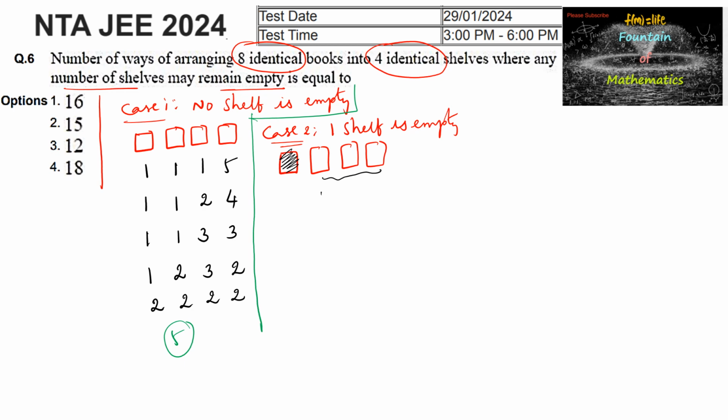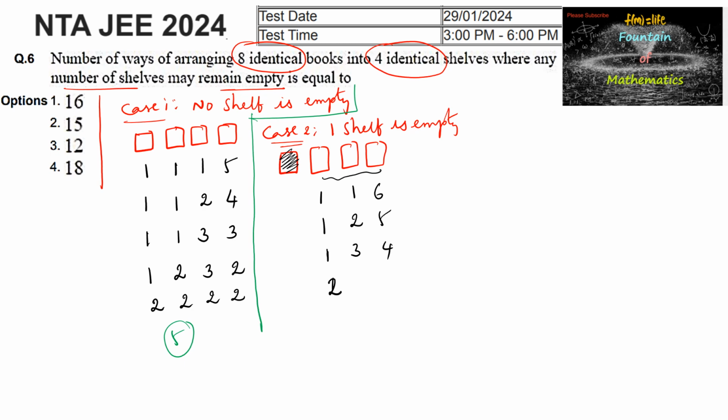So let us write 1 and 1, so that 6 books must be placed in the third shelf. And again 1, and if I write 2 here, 5 books must be placed here. And next 1, and if I write 3 here, 4, and then 4. And if I take here 1, 4, again the same arrangement, you will get 1, 3, 4. So let us not take 1, so 2.